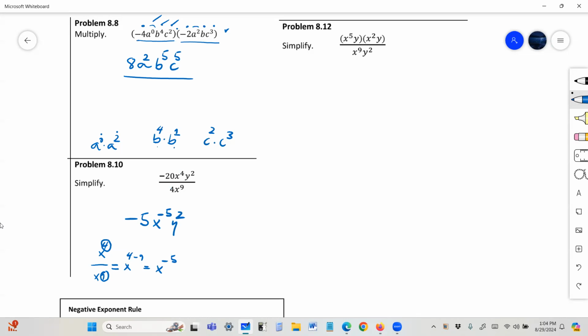All right, so not quite the final answer, because I need to do something. I'm going to show you now because I don't want to leave the answer this way. So one note that you have to be aware of: the final answer must never have a negative exponent.